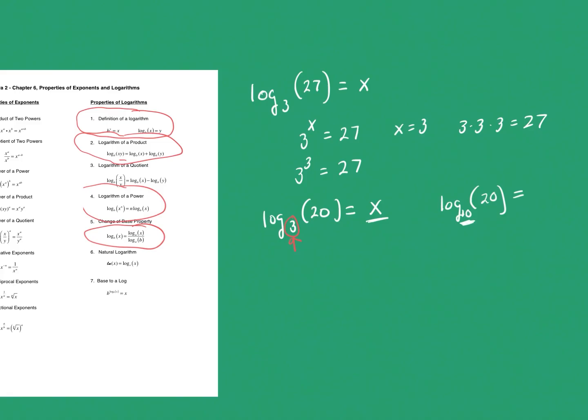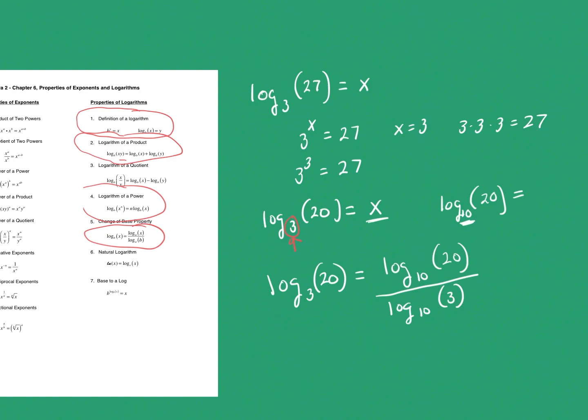So I can say log 3 of 20 is the same thing as log 10 of 20 divided by log 10 of 3.